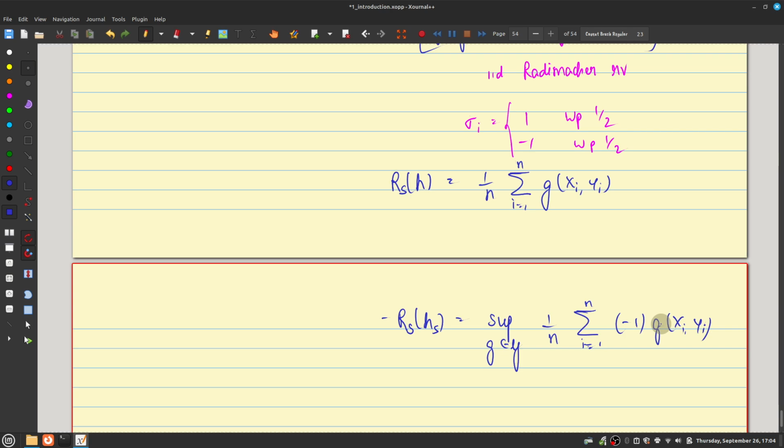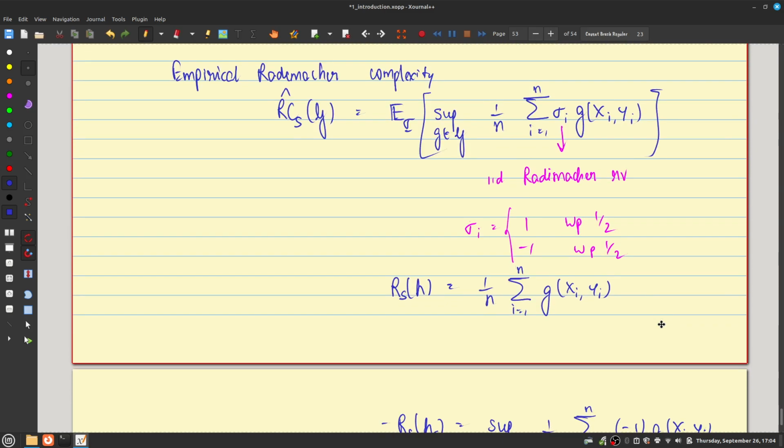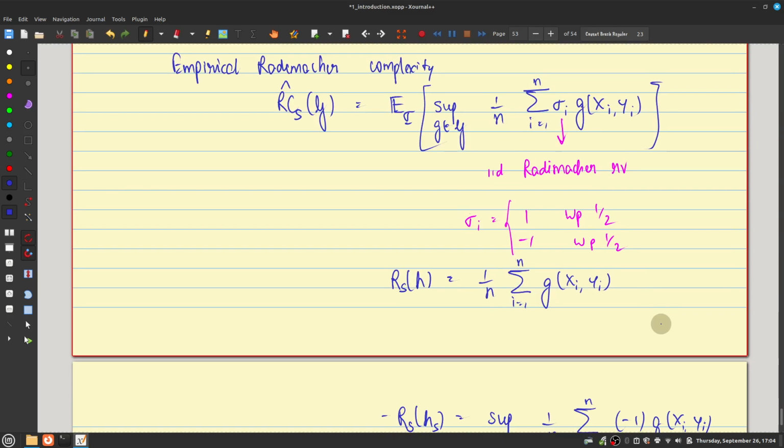Right, so just some observations over here. There's a question? The expectation. Correct. So this is a supremum over functions, right? Let's fix sigma, fix x, fix y. We're drawing samples sigma randomly.